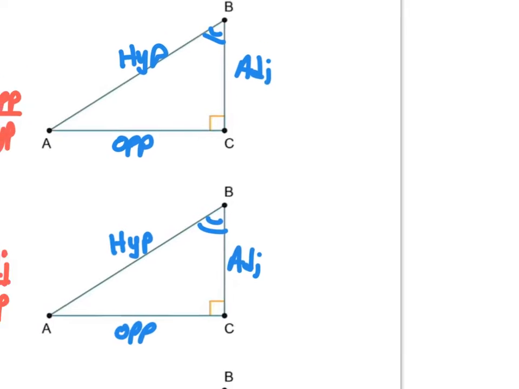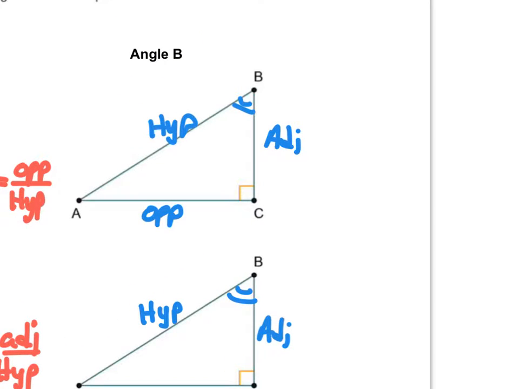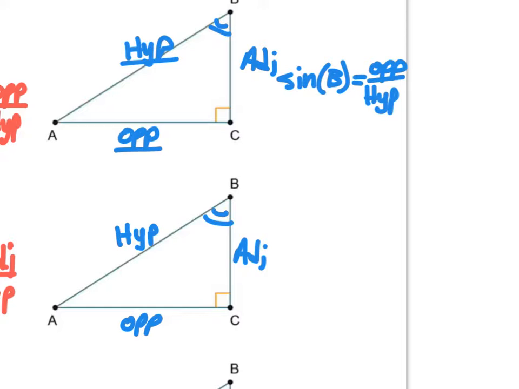So now let's write out our sine function. If I said sine of angle B, that's going to give me my opposite side divided by my hypotenuse. If I did cosine of angle B, cosine of angle B is equal to my adjacent side divided by my hypotenuse.